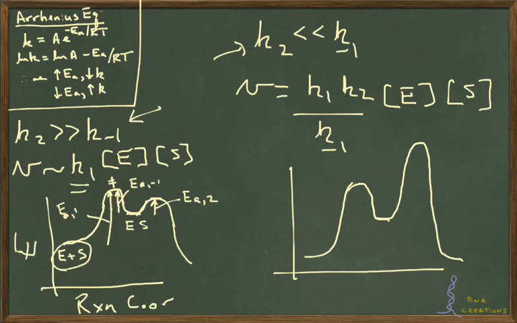Yeah, Dan? Is the end product lower in energy than the starting material? Depends on where you are in the reaction. That's a good question. The height of this barrier, which is something we haven't even written in our mechanism here, is for going back this way.